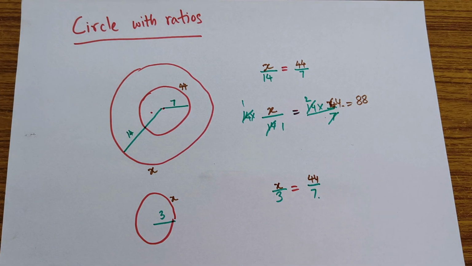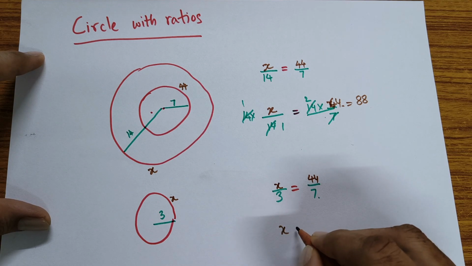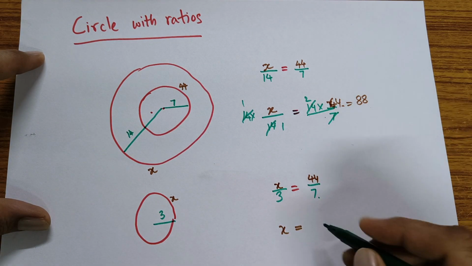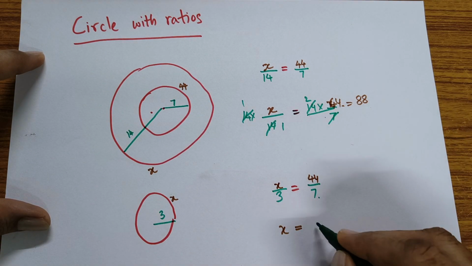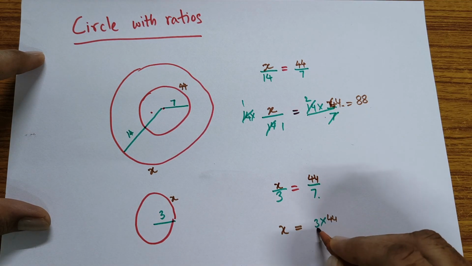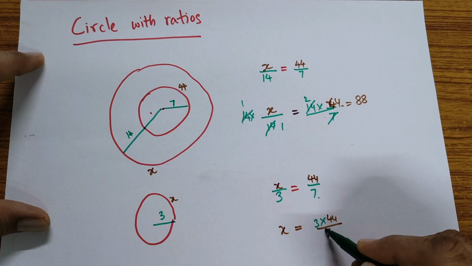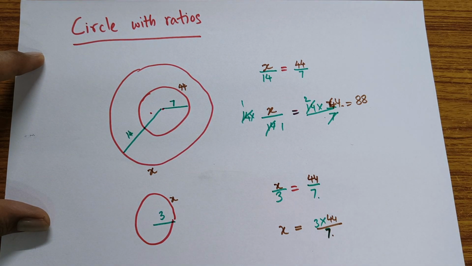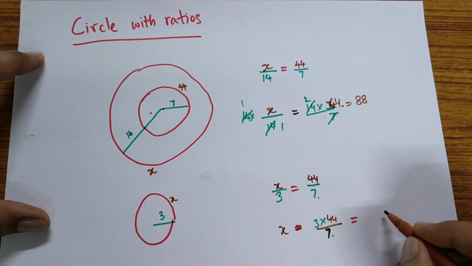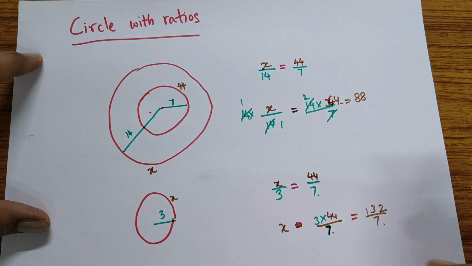So again, multiplying both sides by 3, x will be equal to 3 times 44 by 7. So 3 4s are 12, and 132 by 7.